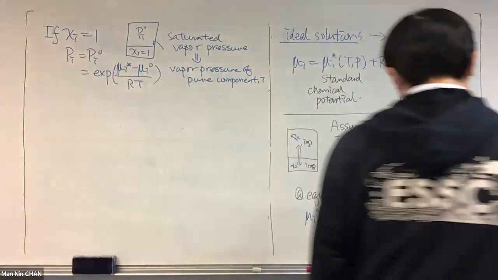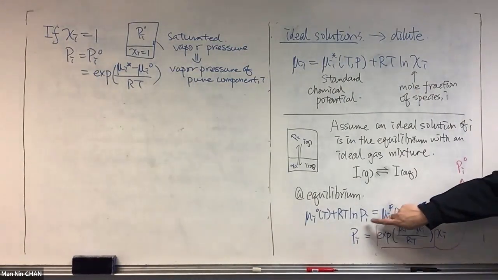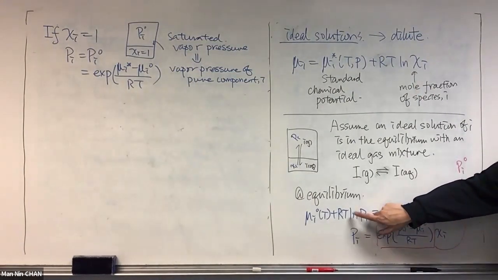Because when you set xi equal to 1, this term becomes 0. So this will become pi naught, by definition.